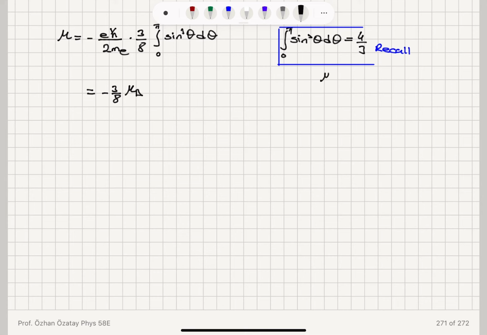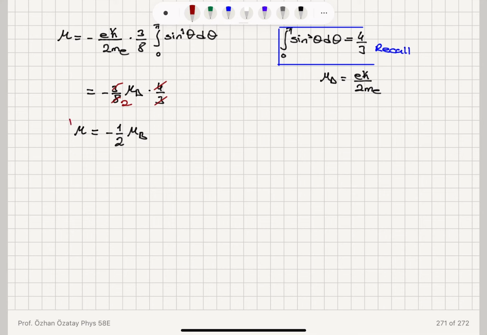A Bohr magneton is e h bar over 2 times the mass of the electron, times 4 over 3. Now you can see these 3's will cancel, and 4 will make this 8 a 2. And we see the total magnetic moment is minus 1 over 2 Bohr magneton.